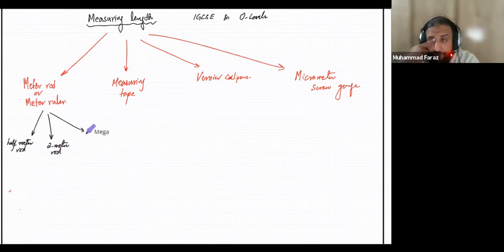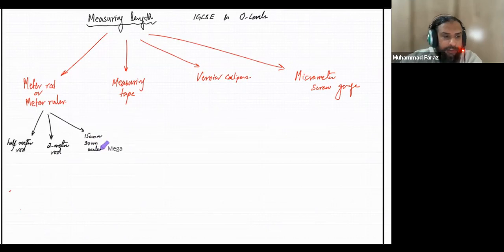And there is another very common version of the same kind of scale, that is a 15 cm or 30 cm scale that we use in the geometry box. So half meter rod, 2 meter rod, and 15 centimeter rod, they're all the same things. Only difference is some are bigger than the others.